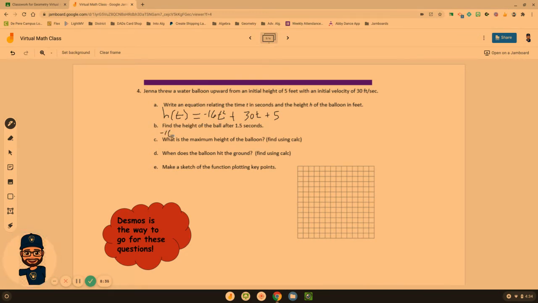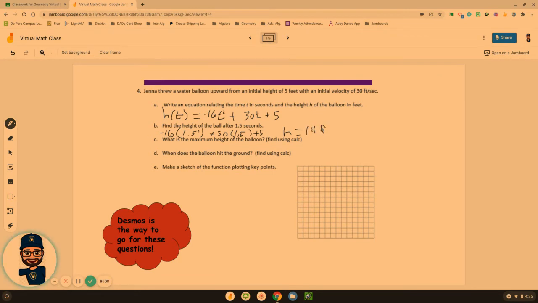Negative 16 times 1.5 squared plus 30 times 1.5 plus 5. Now you can go to Desmos, you can go to your calculator, you can do whatever you need to punch this in, and if you punch it in correctly, the height after 1.5 seconds should be 14 feet.